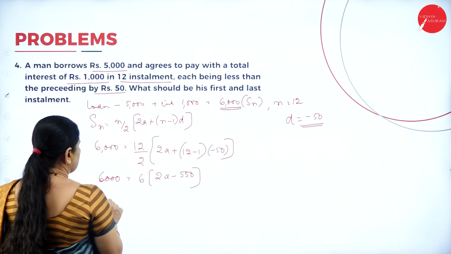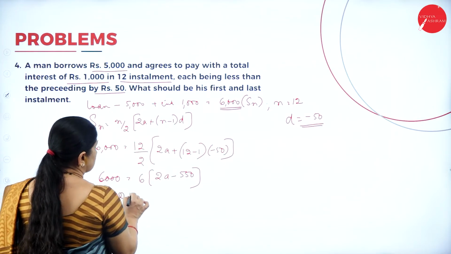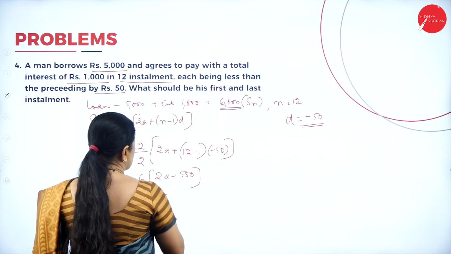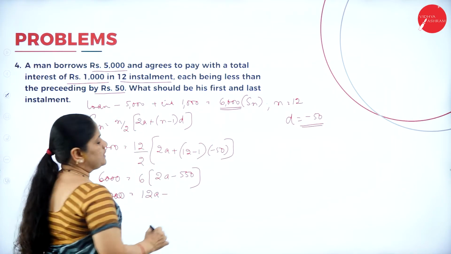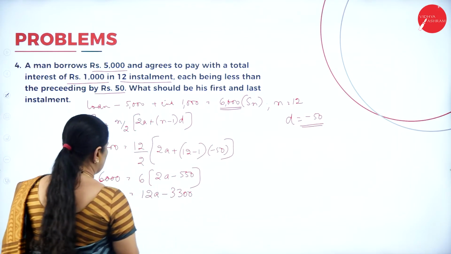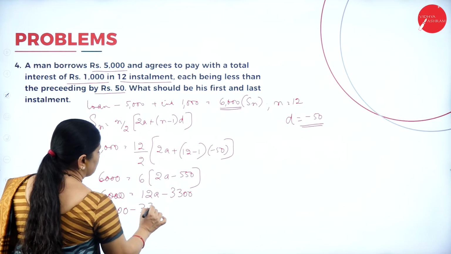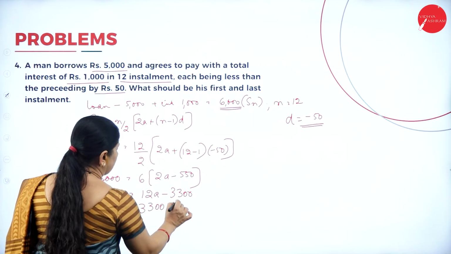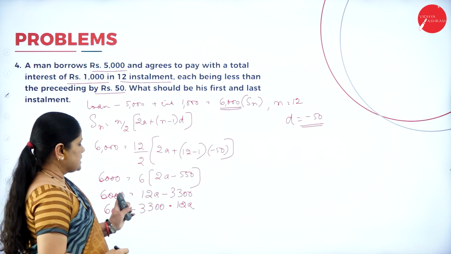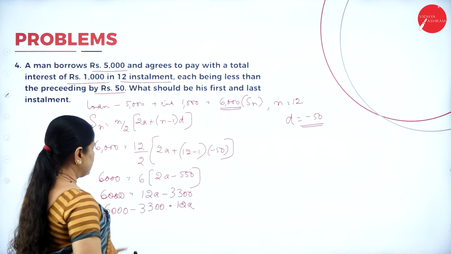So when we simplify, 6,000 equals 12a minus, so 6 into 550 comes up to 3,300. So we are getting 6,000 equals 12a minus 3,300. I bring this here.